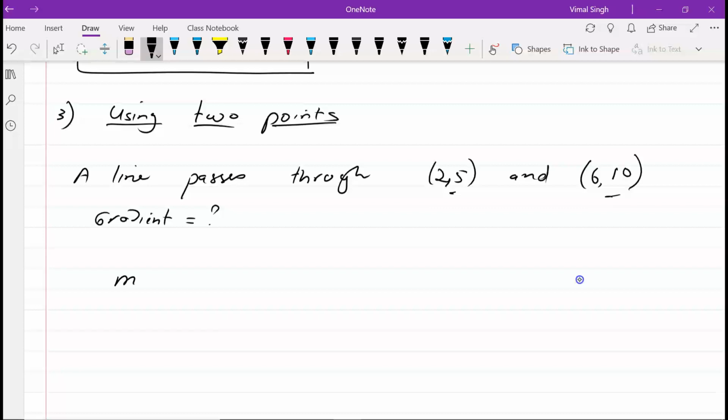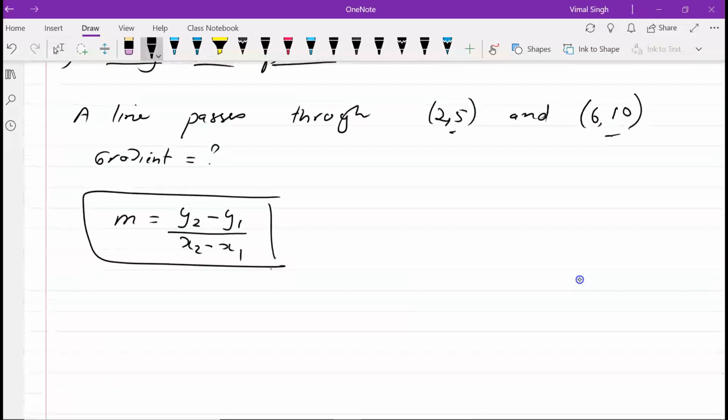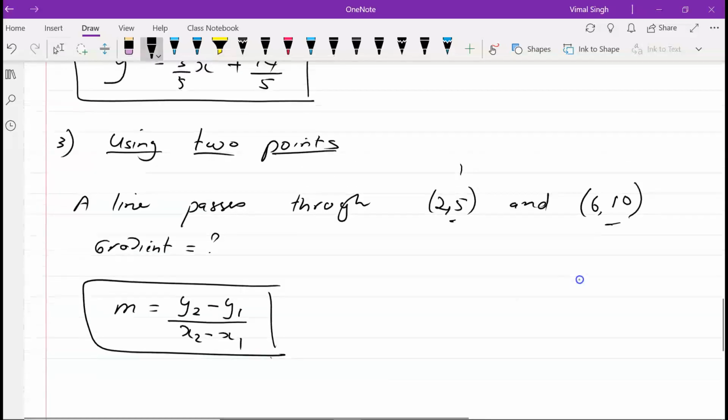Now, when 2 points are given, how do you work out the gradient? If you remember from the previous video, it is y2 minus y1 over x2 minus x1. So that is the equation. So I will say this is my point 1, and this is my point 2.